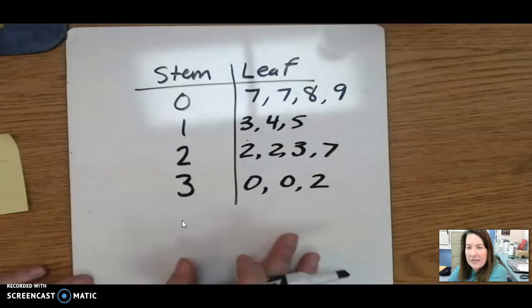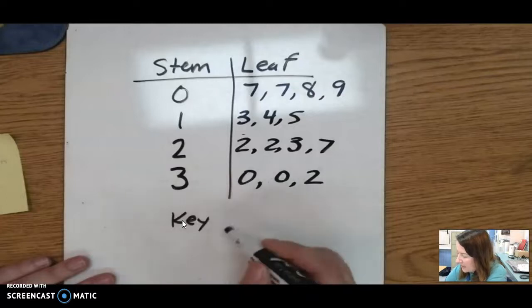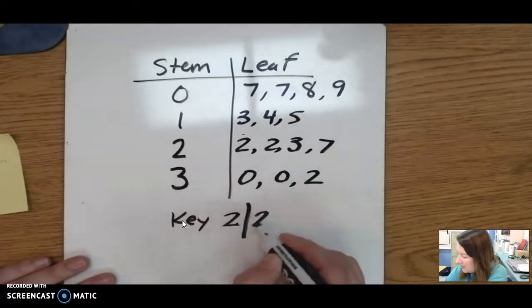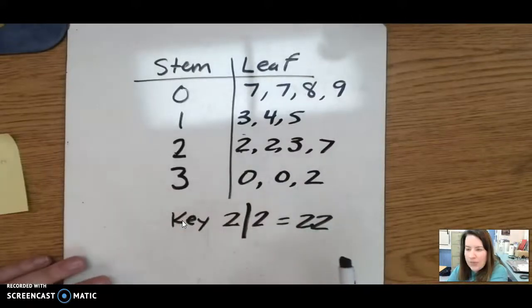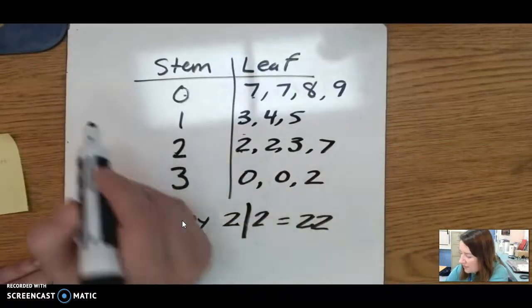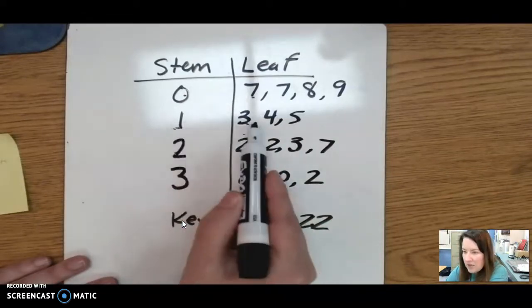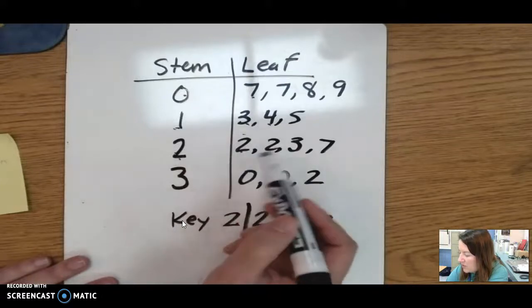Remember, these are organized by place value, and it will have a key down here at the bottom. So let's say if it's saying, okay, 2 on this side, 2 on this side, that's going to give me 22. That means this is a normal stem and leaf. So like this is 7, 7, 8, 9, 13, 14, 15, 22, 22, 23.